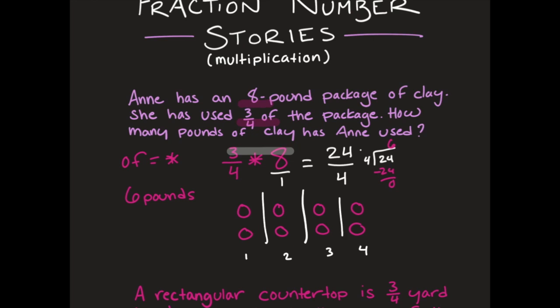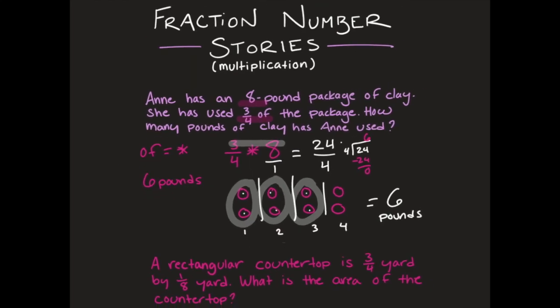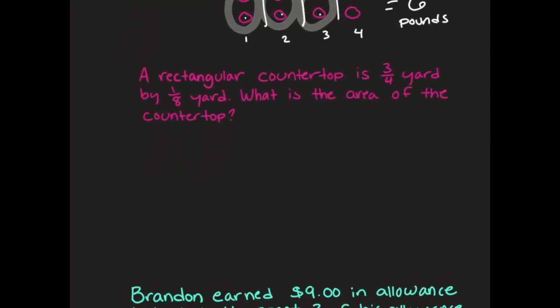And then I want how many of the groups? I want 3 of them. So here is 1 group, 2 groups, and 3 groups. How many pounds did I have? 1, 2, 3, 4, 5, 6. That also equals 6 pounds. So again, if you need to draw a picture, that is also helpful with your number problems. I like to find that multiplication problem first to get me started.